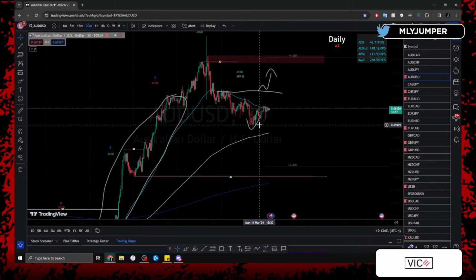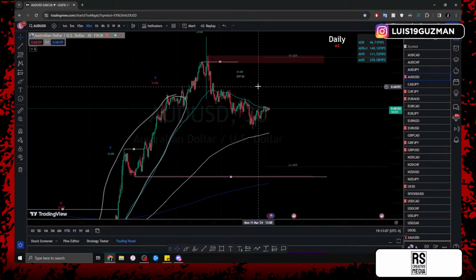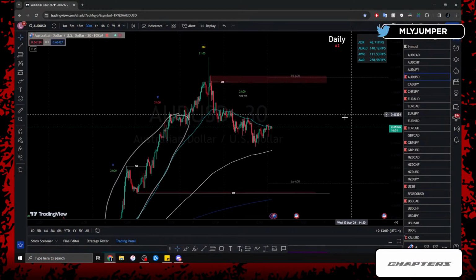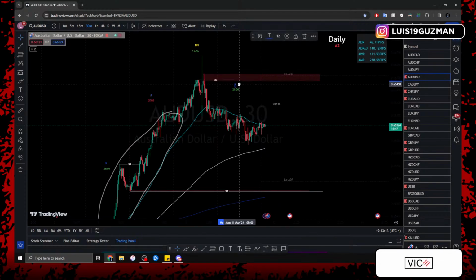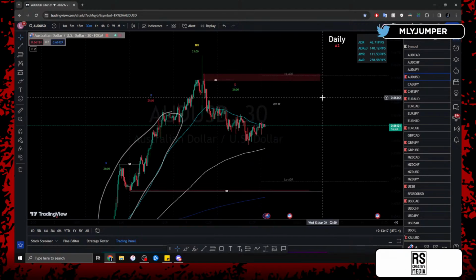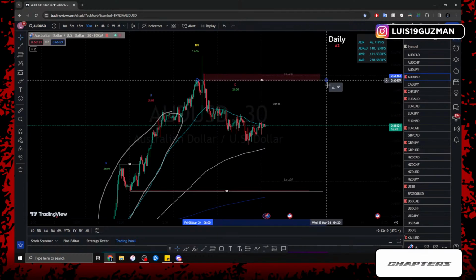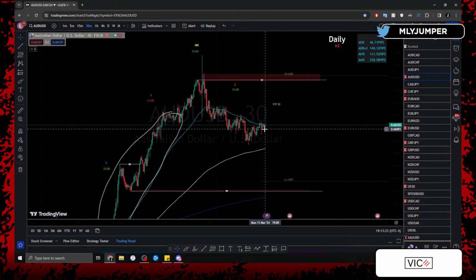Let's get rid of this. We already know we had a day of drop today. So we know we're trading between this high and this low. Right now, where are we? In the middle of the zone.